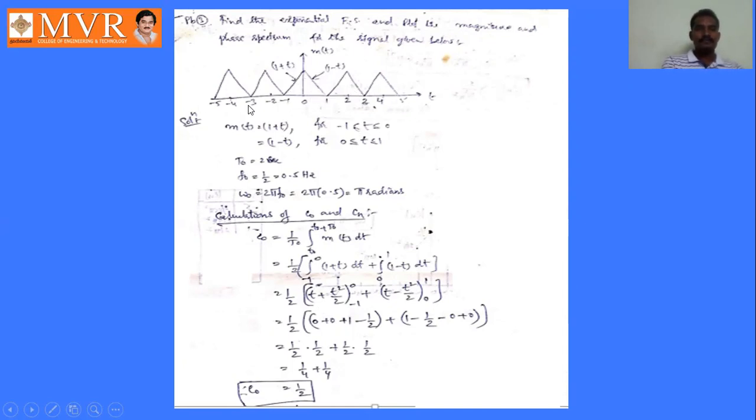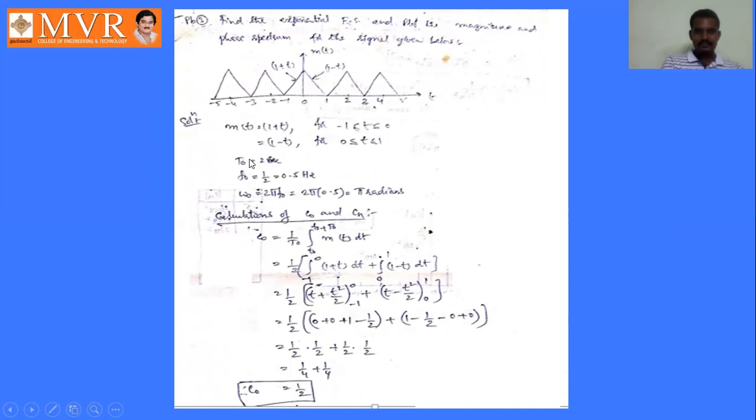Okay, with this time period, from minus 3 to minus 1 it is 2 seconds. From minus 1 to plus 1 it is also 2 seconds. From 1 to 3 also it is 2 seconds. From 3 to 5 also it is 2 seconds. Okay, so T naught is 2 seconds.